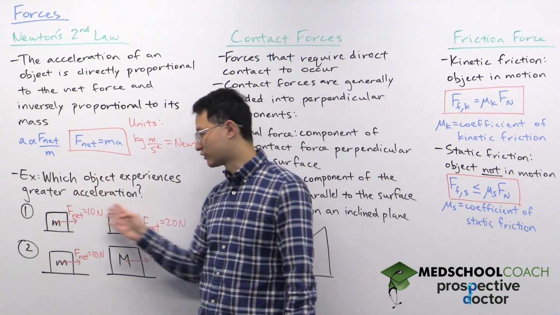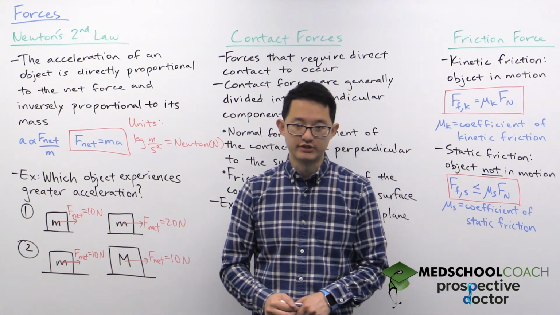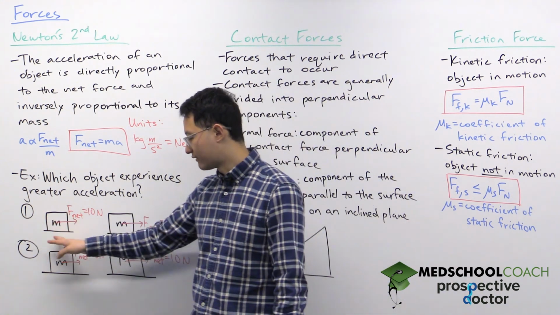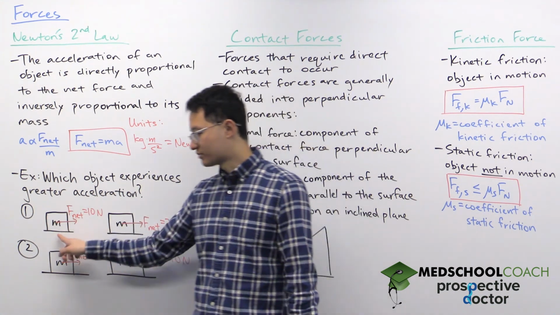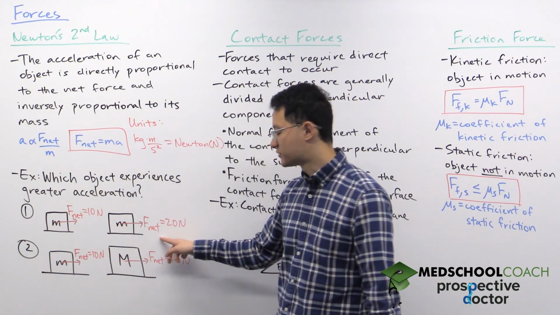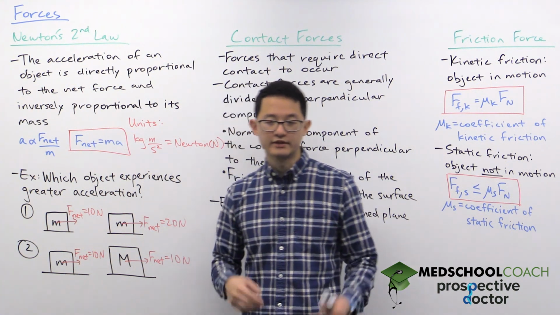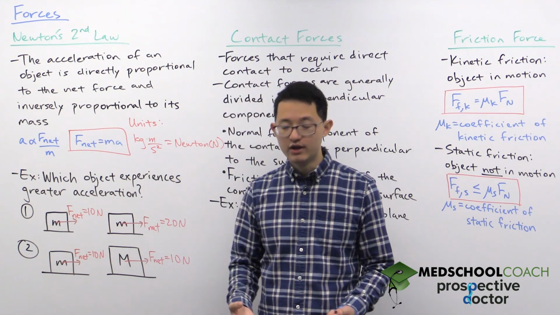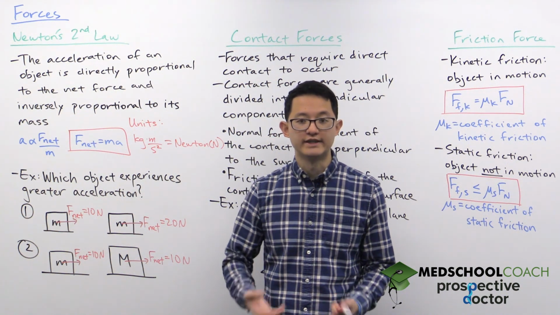Here we're asking the question, which object experiences greater acceleration? In our first example, we have two objects with the same mass. The first object experiences a net force of 10 newtons to the right. The second object experiences a net force of 20 newtons to the right. Based on Newton's second law, we know that the acceleration of an object is directly proportional to the net force.